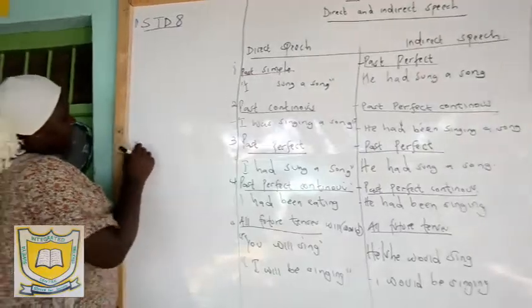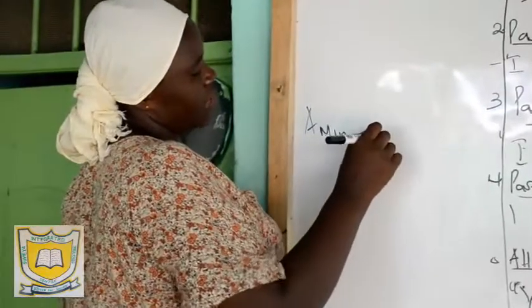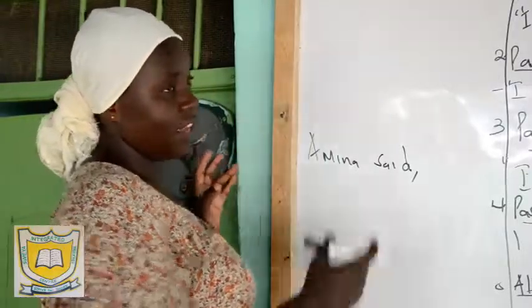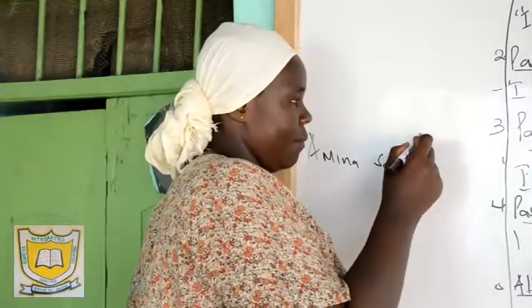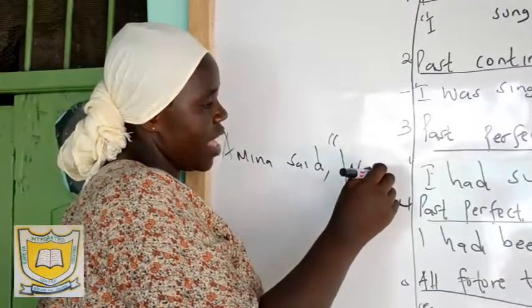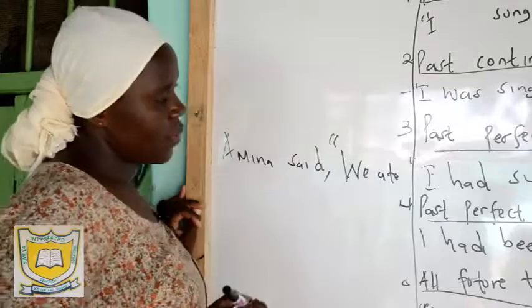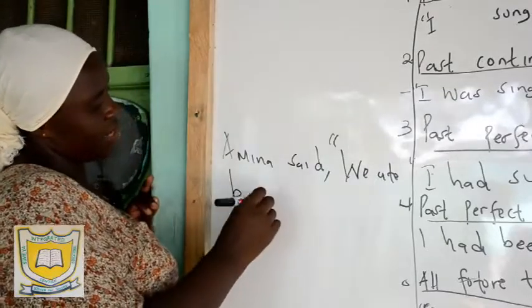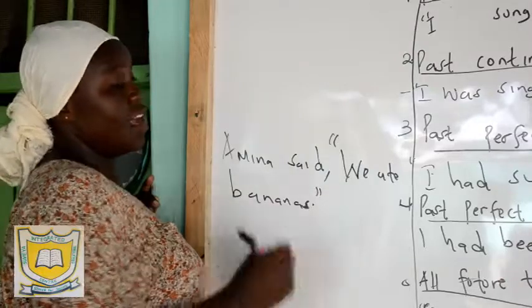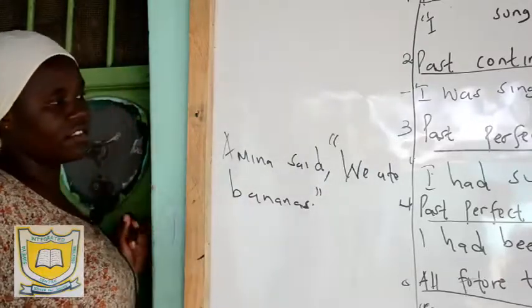For example, Amina said, comma, and then opening speech marks and a capital letter. We ate bananas, and then a full stop, and then closing speech marks.